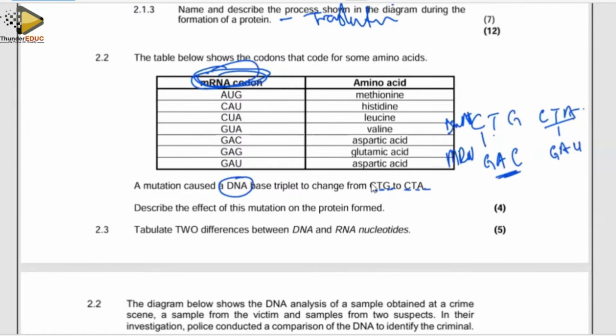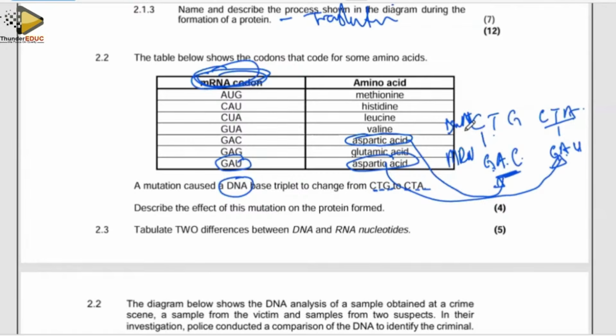So what does this code for? GAC is aspartic acid. And what is GAU? GAU is also aspartic acid. So it means that there is no change in the protein.